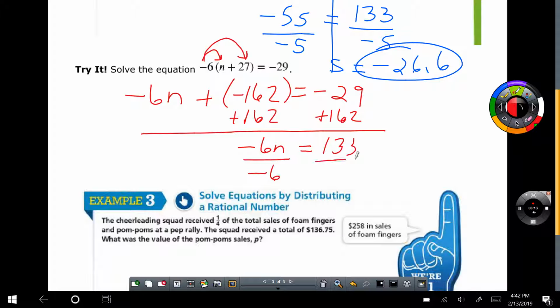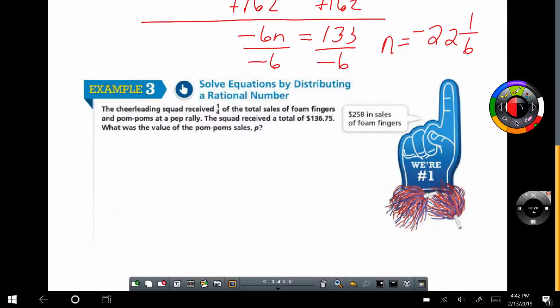We're going to divide by negative 6, and we get n equals negative 22 and 1/6. All right, last one here involves some fractions.